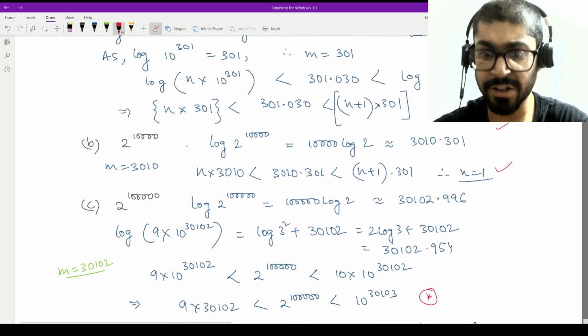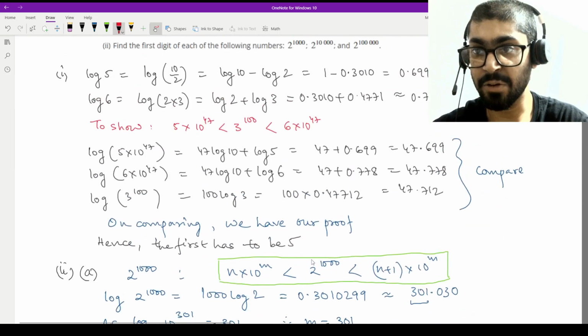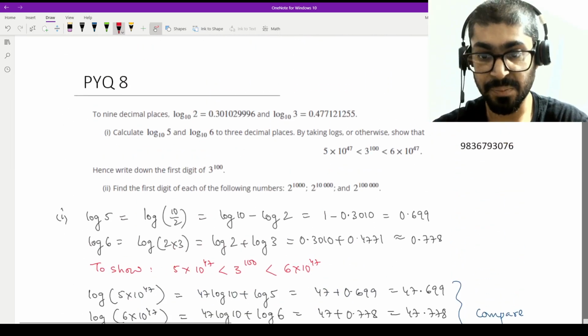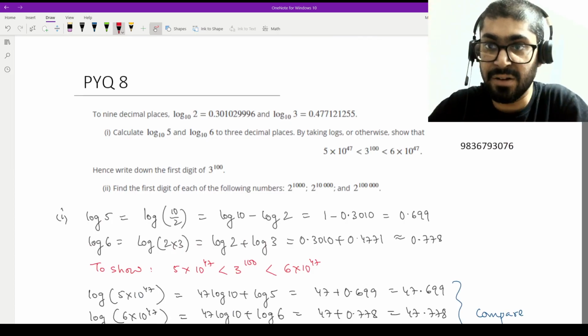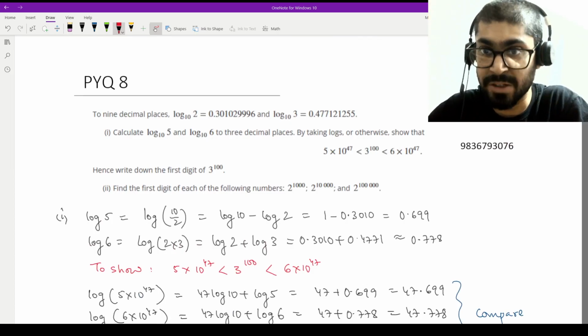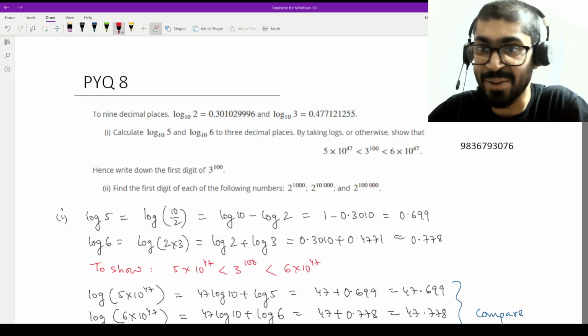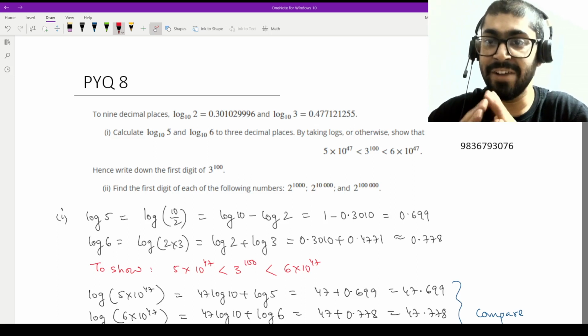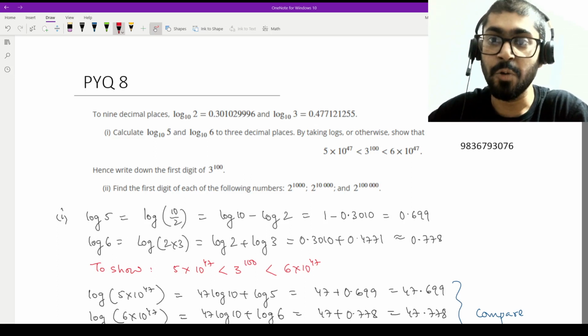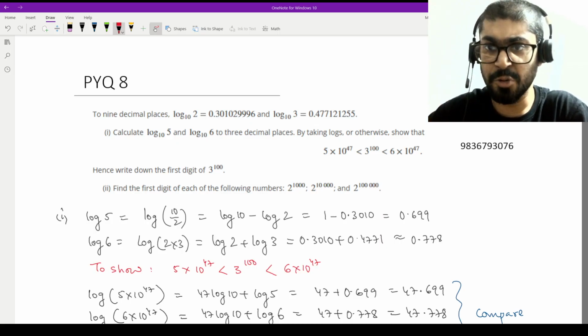Alright, so using logarithms you can actually calculate the first digit of very high valued numbers. Okay, I did not want to use the word large twice, so I had to think of a synonym for it. So using the very basic definitions of logarithm, you can do this exercise for quite a large number of values, because the smaller logarithms are easier to be calculated, right?